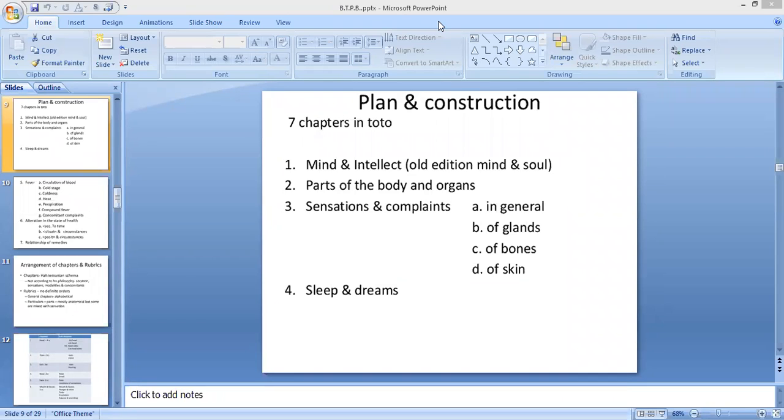Under location, symptoms on one side, then left-sided symptoms, then right-sided symptoms, and then crosswise symptoms. It was given under location. Exact location with the side was given under location.